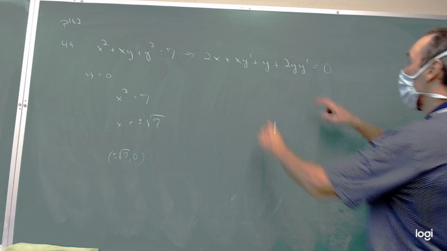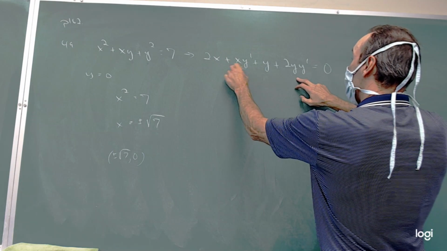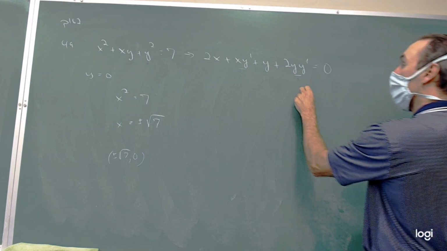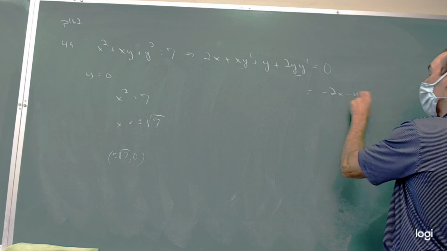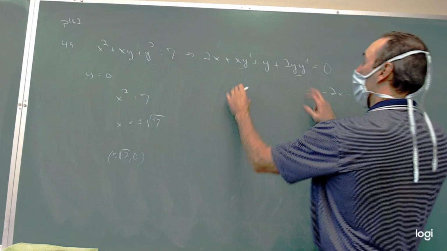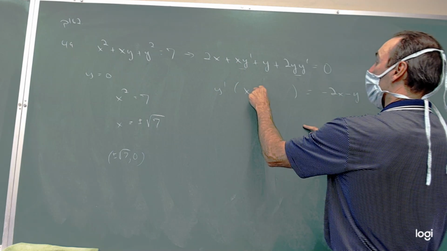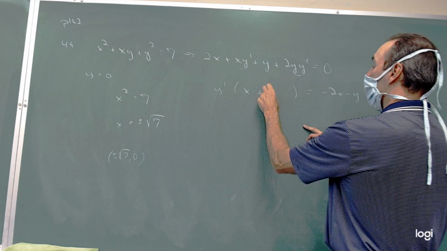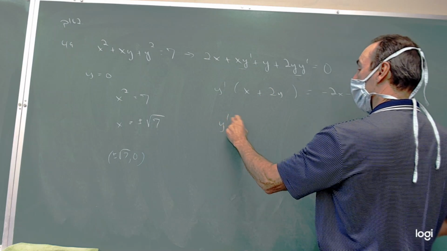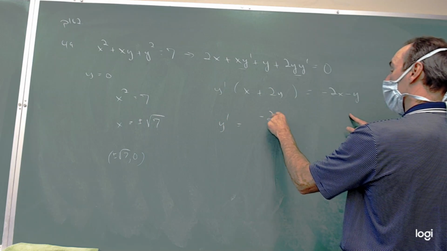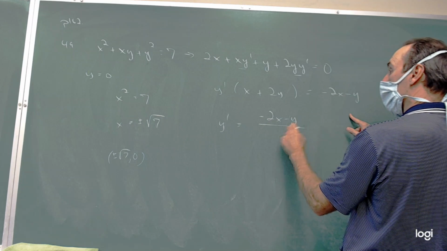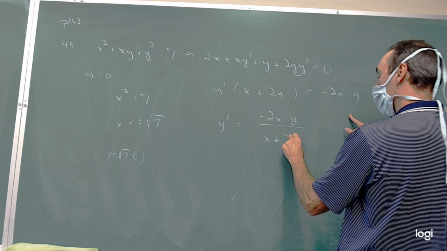We can keep the y prime terms here and move the others to the other side. We'll factor the y prime out, leaving x plus 2y. So y prime is going to be negative 2x minus y over x plus 2y.